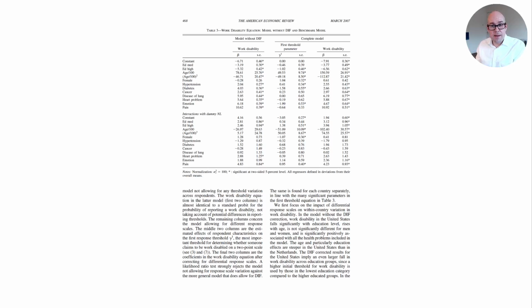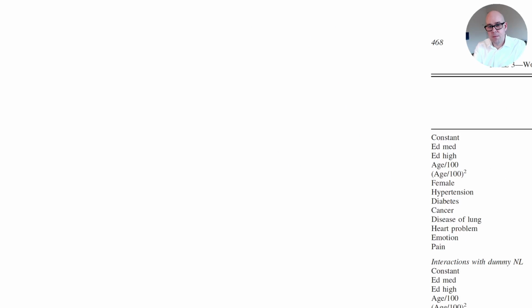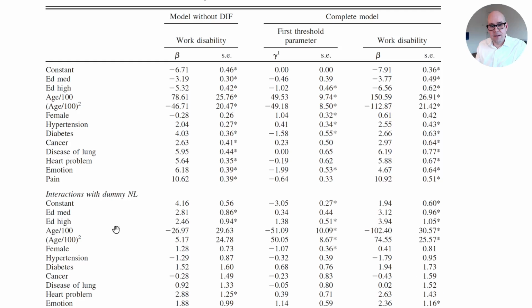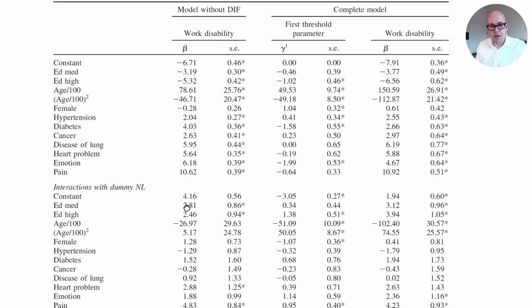Once you have done that, you can learn about the dependence of underlying work disability on individual characteristics, and that goes back to the original questions about individuals' ability to work. This is all estimated simultaneously with random effects to make it a very flexible model.